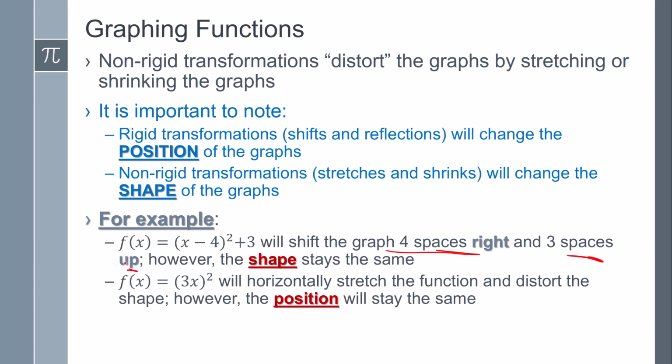It actually takes the shape and just moves it up or down, left or right. But if I have this 3 in front of the x, I know that it's going to give it a nice little horizontal compression. Essentially it made the graph change its shape, but the position didn't move at all.